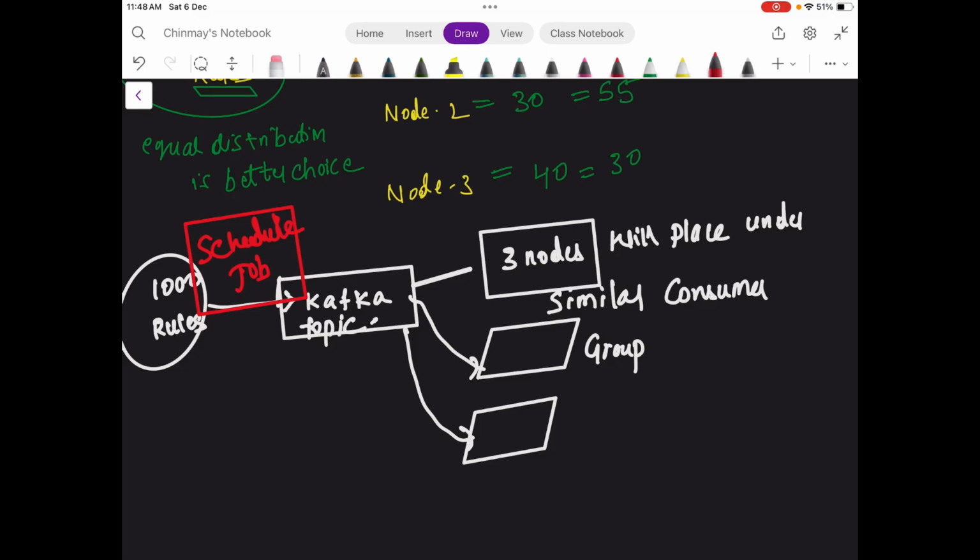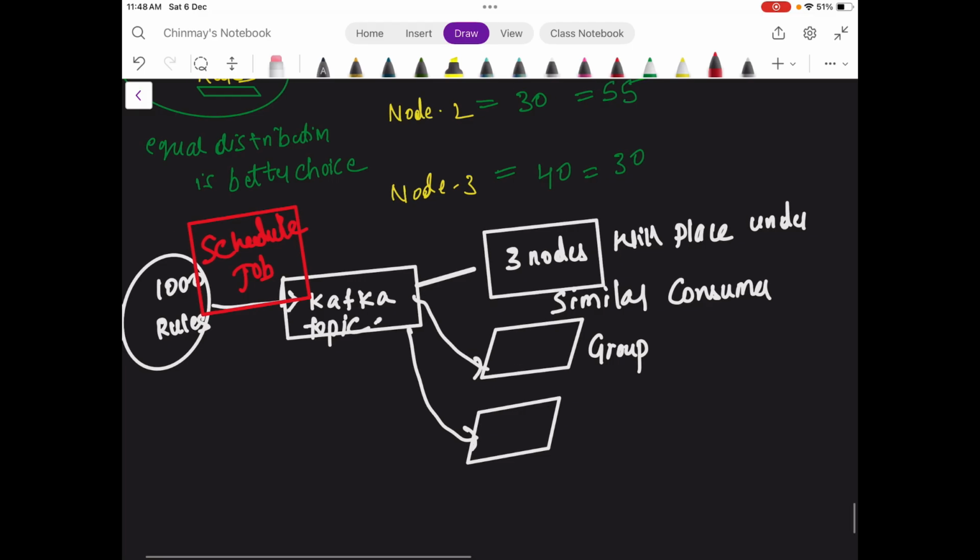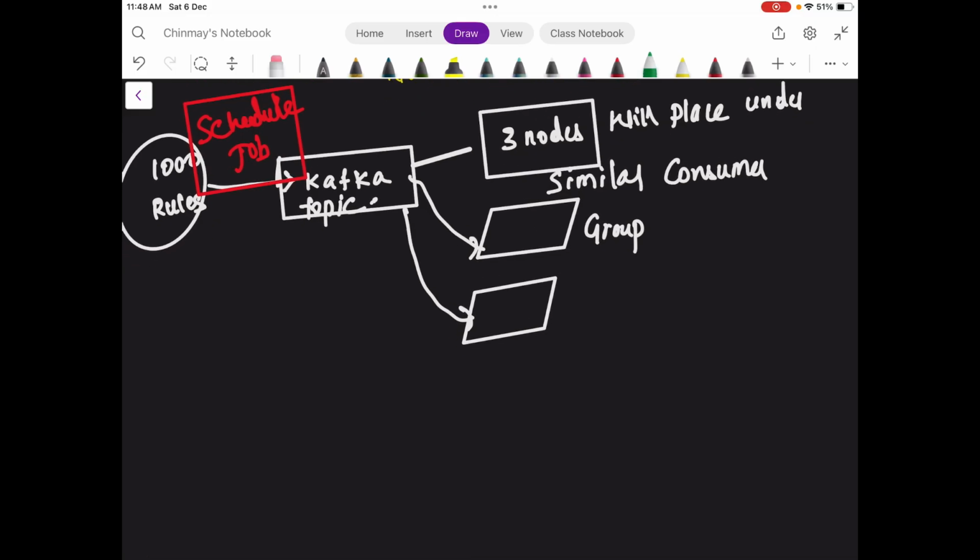In what case is consistent hashing mandatory? That is really important.